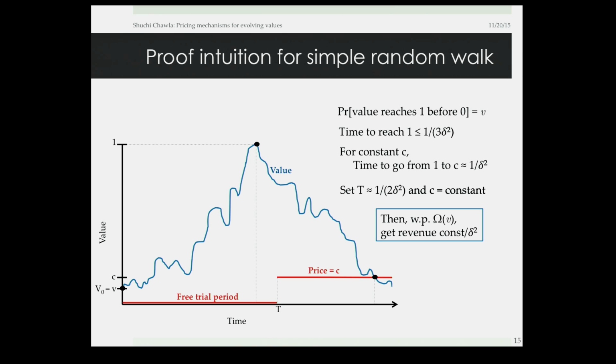Okay, so we put all of that together. We get that with probability omega of v, we get revenue constant over delta squared. And recall that the cumulative value here was v over delta squared, and so these are within constant factors. Okay, so that's a very rough argument for what happens in the simple random walk case.